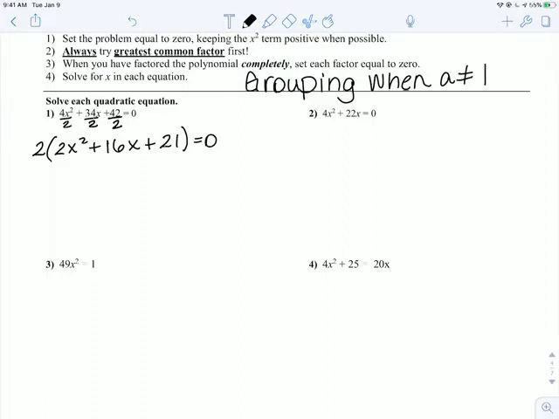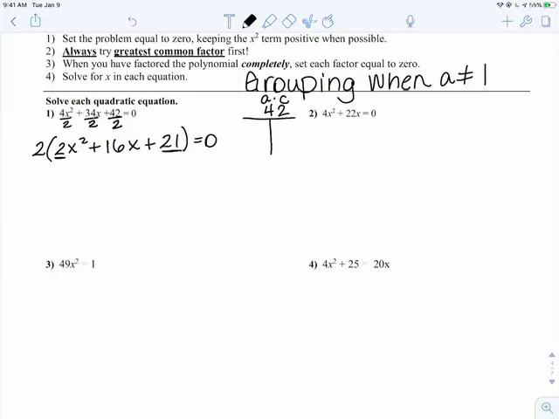All right, so now I'm looking at a quadratic, x squared plus 16x plus 21. Notice my A is not equal to 1. So I'm going to do a process called grouping. I'm going to use the T-chart that I showed you earlier, where you put the A times C on top of the T-chart. So in this case, my A is 2 and my C is 21. So that's going to be 42.